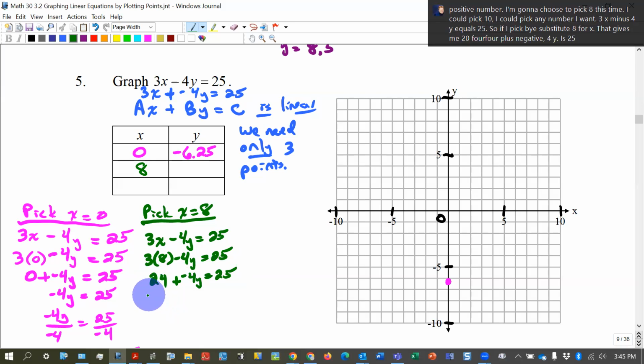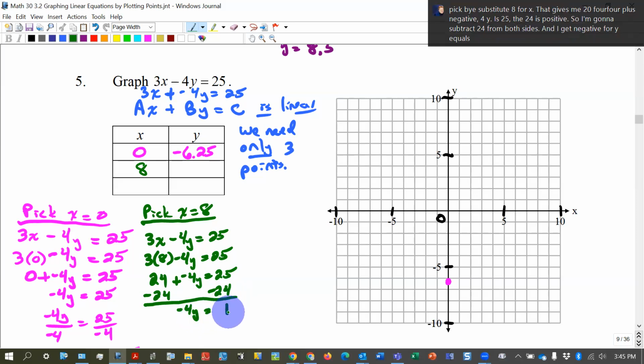The 24 is positive, so I'm going to subtract 24 from both sides. And I get negative 4y equals 1.